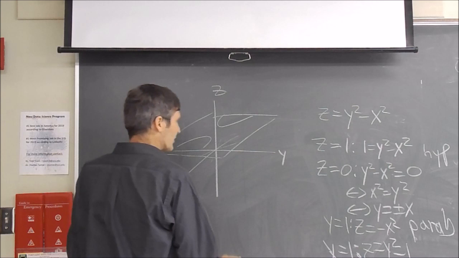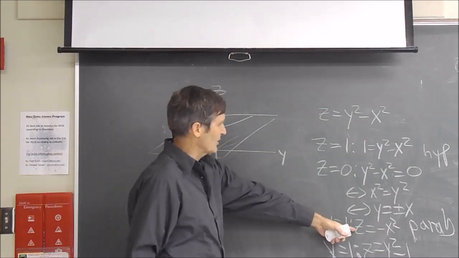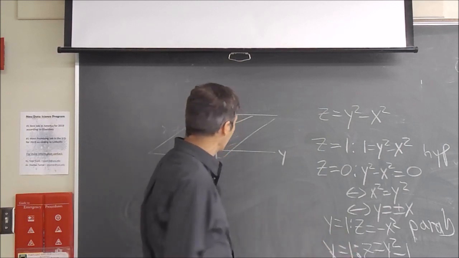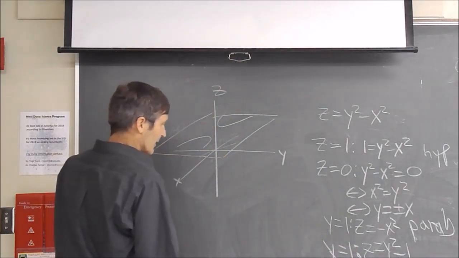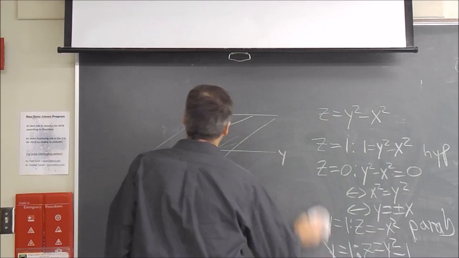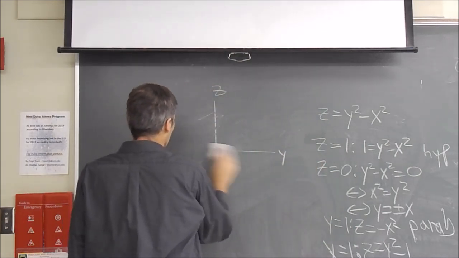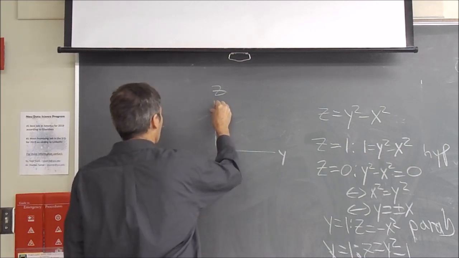So parabolas downward in the xz plane, or parallel to the xz plane. Parabolas upward, parallel to the yz plane. This is the hardest one to draw, which is why this one really needs an example. When you put this all together, this is actually what you get.